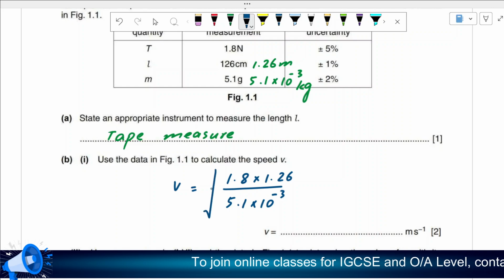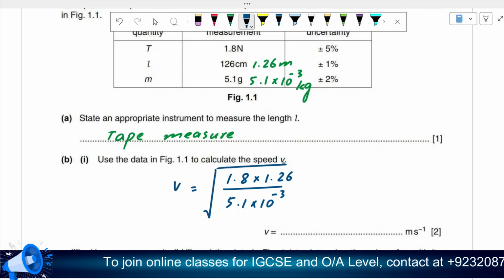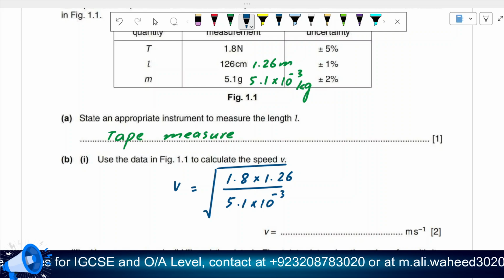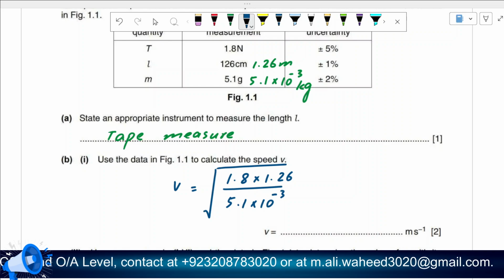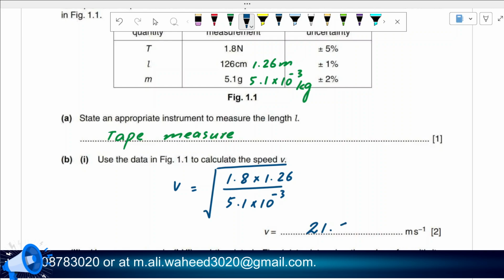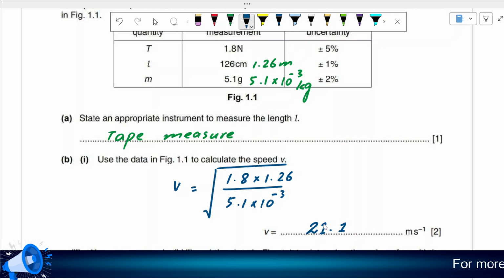If you hit it on the calculator as it is, you'll get 21.1. You can also write 21 meter per second. Either way, it would be acceptable.